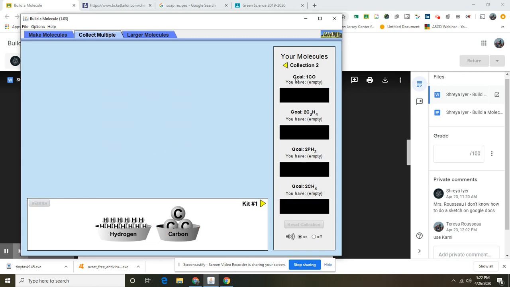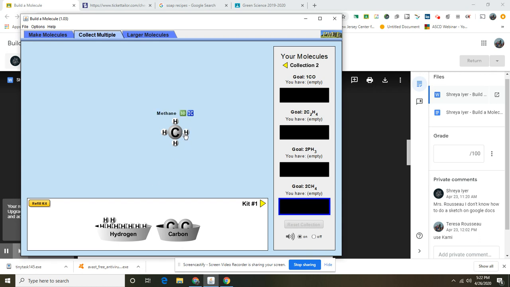So again, our goal tells us how many of each molecule we want. If I look here, we have carbon and hydrogen. I can look down here. I can see I can make a carbon with 4 hydrogen.